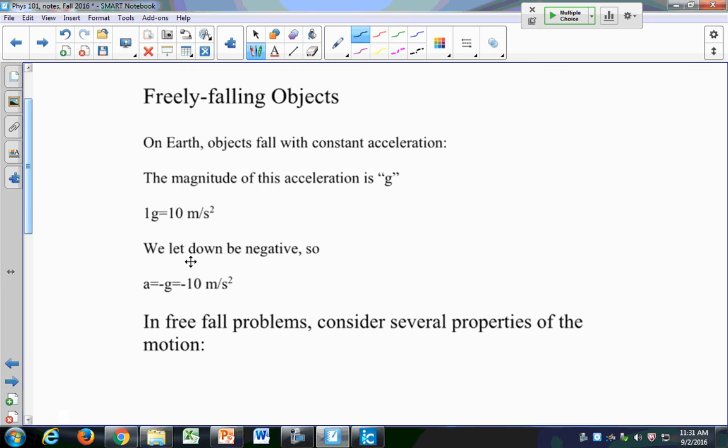Okay, so we're going to look at freely falling objects. On Earth, objects fall with constant acceleration, and we call the magnitude of this acceleration g. Some of you might have learned that g is equal to 9.8 meters per second squared, but we're just going to round that off and make it equal to 10 meters per second squared.